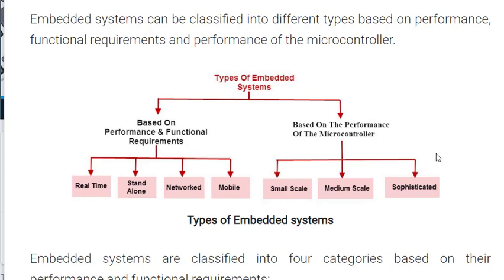Next is real-time embedded systems, network embedded systems, mobile embedded systems. And embedded systems are also classified into 3 types based on the performance of the microcontroller: first one is small-scale embedded systems, next is medium-scale embedded systems, and lastly is the sophisticated embedded systems.